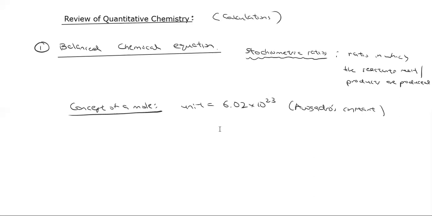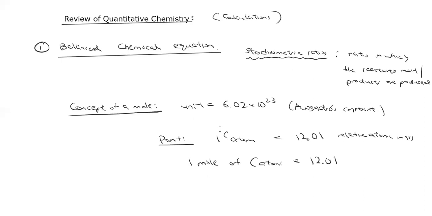Just like a dozen is 12, a mole is 6.02 times 10 to the 23, to 3 significant figures. The whole point of a mole is that if one atom weighs, let's say, 12.01 relative atomic mass, then when you've got 1 mole of carbon atoms, or in other words 6.02 times 10 to the 23, you don't change anything, except you change the relative atomic mass, or AMU, into grams.